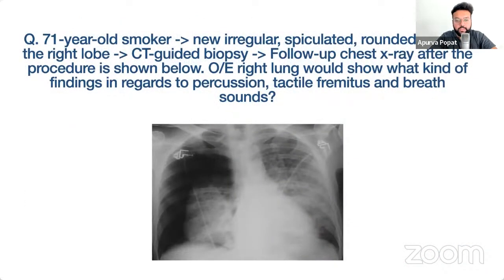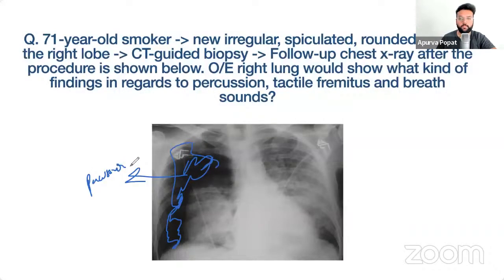Okay, spot diagnosis again. Pneumothorax. Pneumothorax, perfect. Okay, so they are just asking what will happen to the percussion. Hyperresonant.